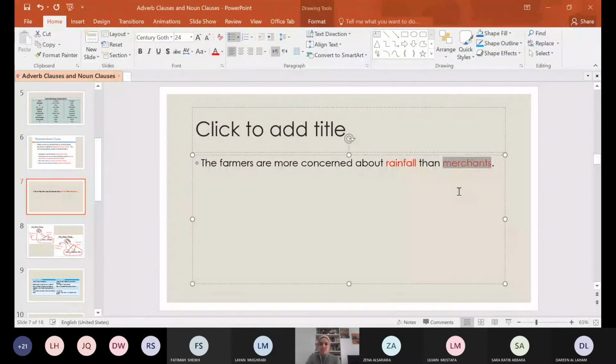Merchants is a part of the sentence, not a dependent clause. There are two things, rainfall and merchants. They care about both, but they care about rainfall more. But look, if we take the same sentence and say it like this.